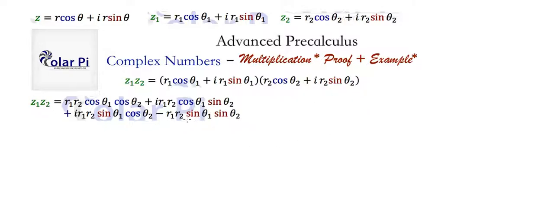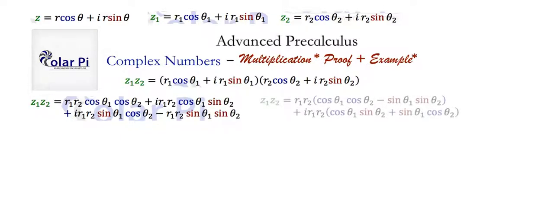So this first part doesn't have an i, and we group them together to make the real part of z1 times z2. The imaginary part of z1 times z2 is made of this term, which has an i, and this term, which has an i. Doing the grouping as I just spoke of, we could write this here.